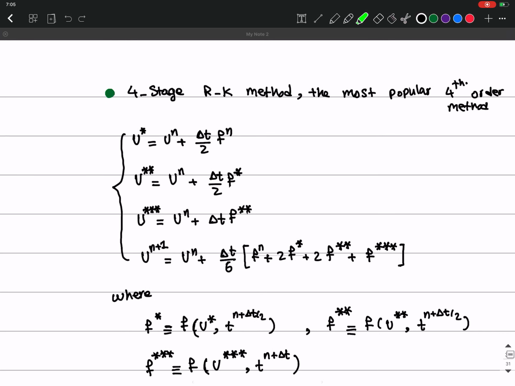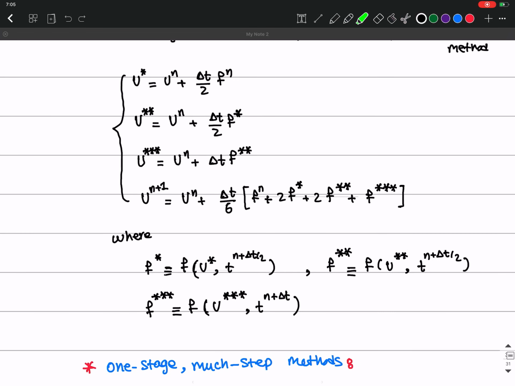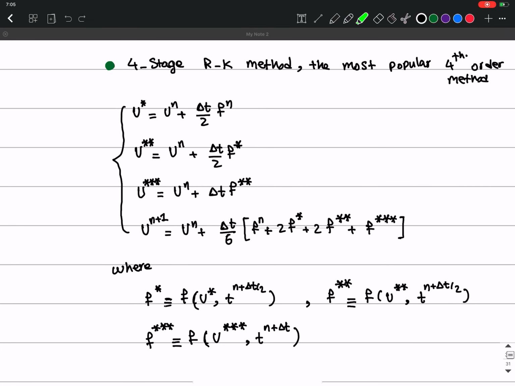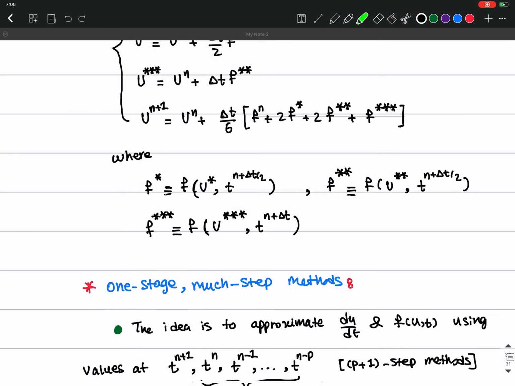Then I showed the famous four-stage Runge Kutta method, which is the most popular fourth order time marching method, which is this one here. And these are the definitions and the coefficients that can be used to get this fourth order accuracy, which is a four-stage one-step method.